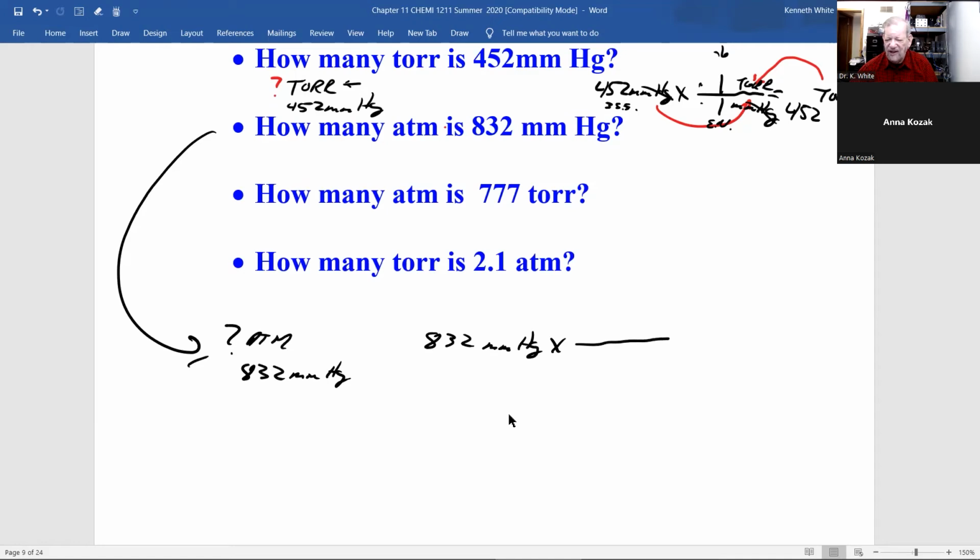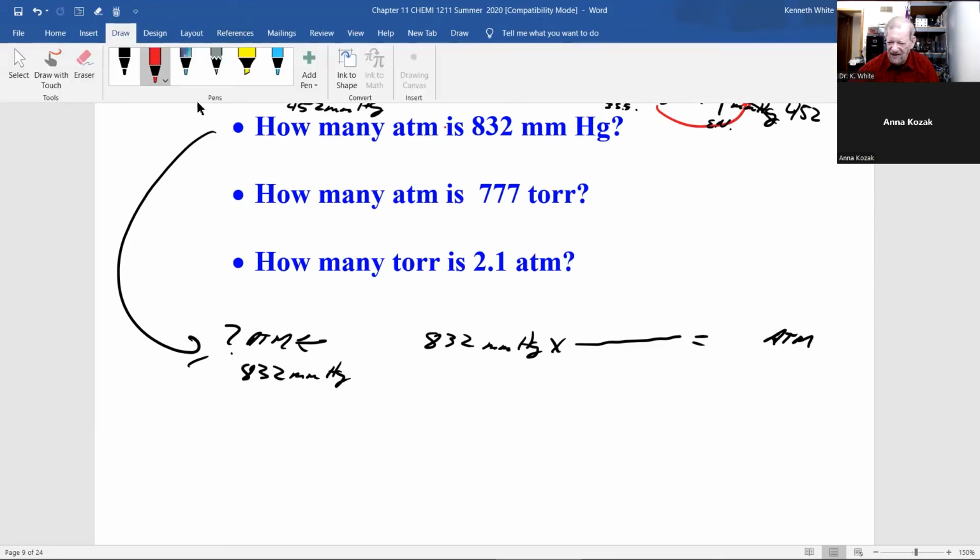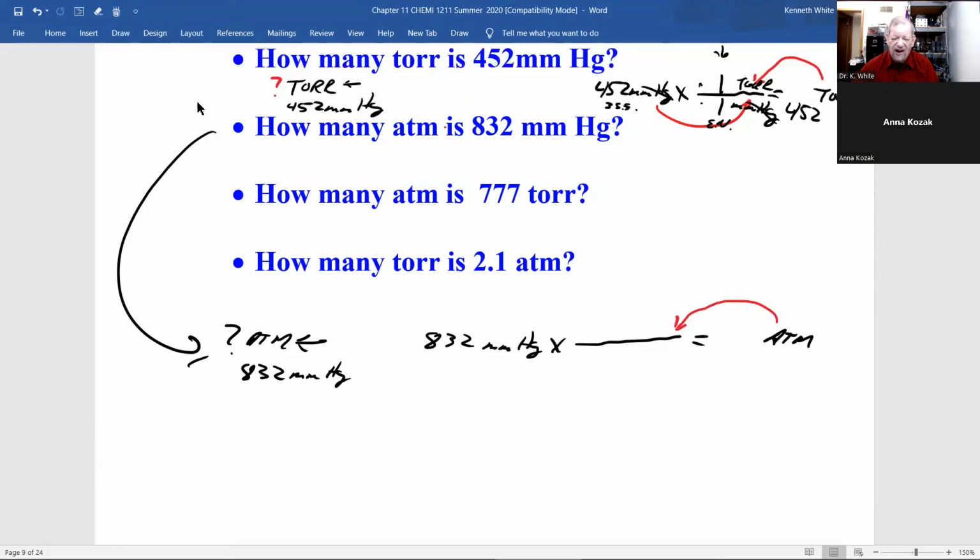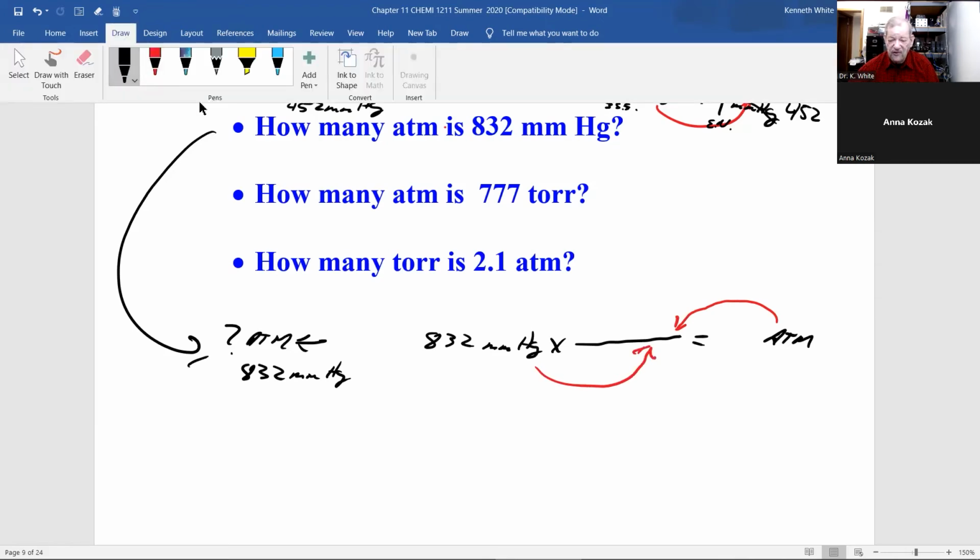If I had some ratio, what units would I want my answer to be? And we figured that out. Atmospheres. And now it's time to use our good buddy, our good friend, unit analysis. Whatever I'm trying to get to goes on top. Whatever I'm trying to get rid of goes underneath. And I'll write those units in.